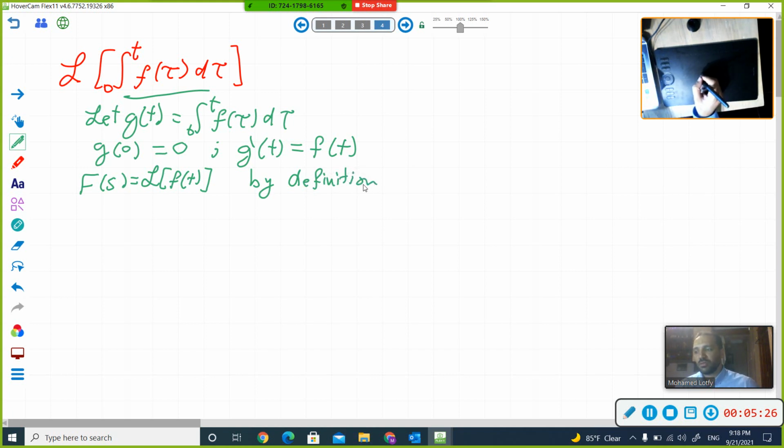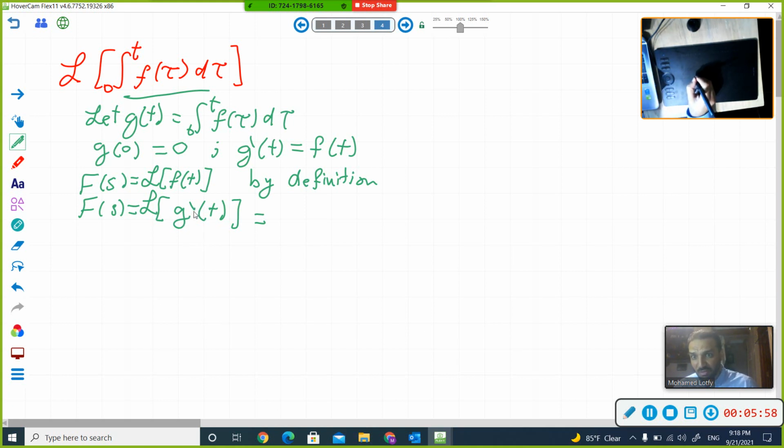Okay, so now F of S equals Laplace of f of t, and we have proved that f of t equals g dash of t. So this is Laplace of g dash of t. But we have learned together that the Laplace transform of any derivative can be transformed into a multiplication by s.